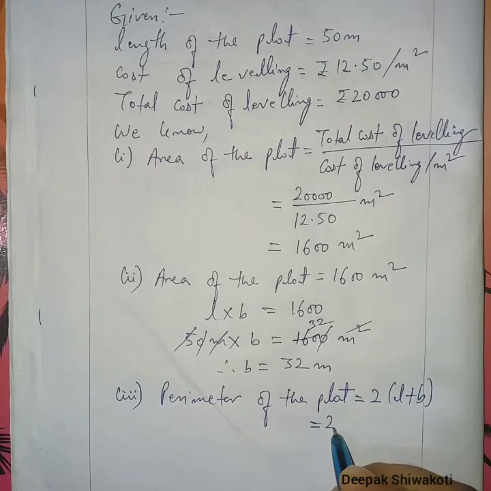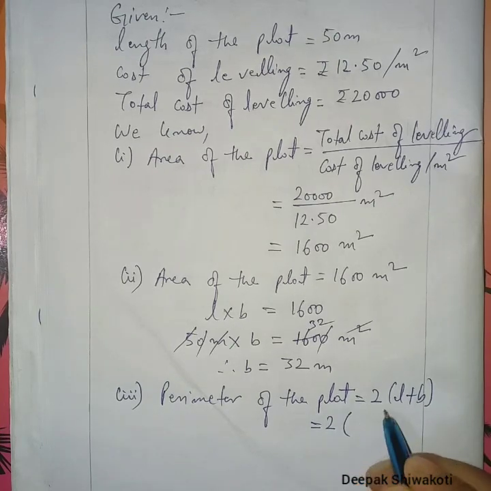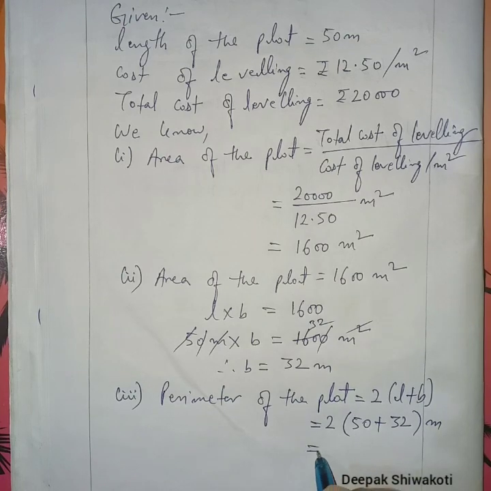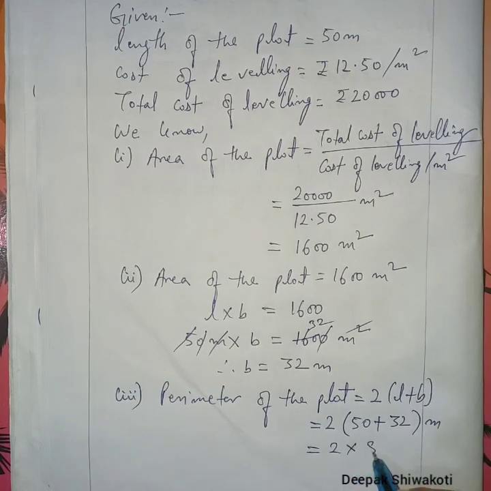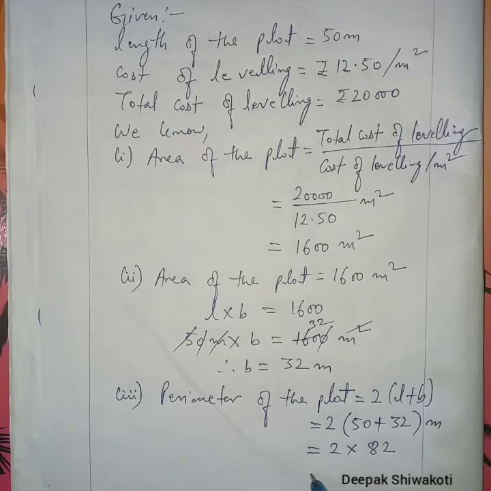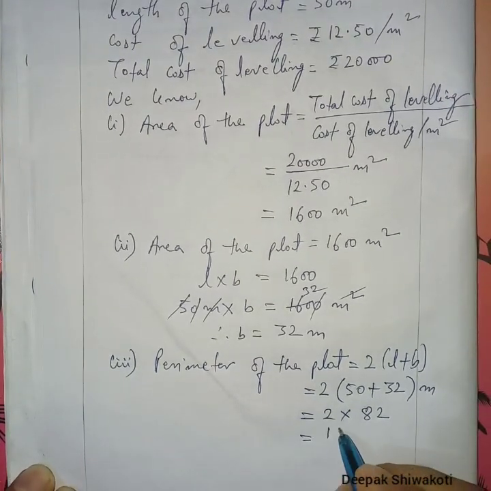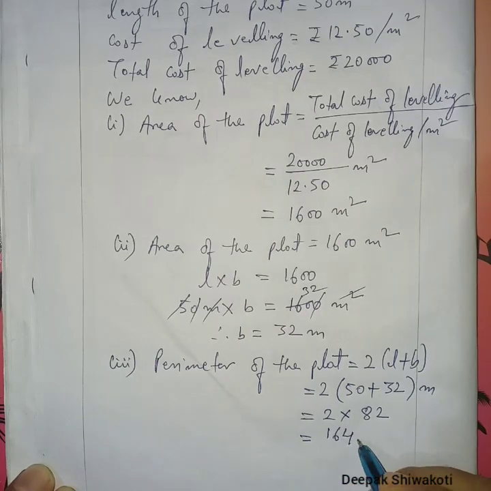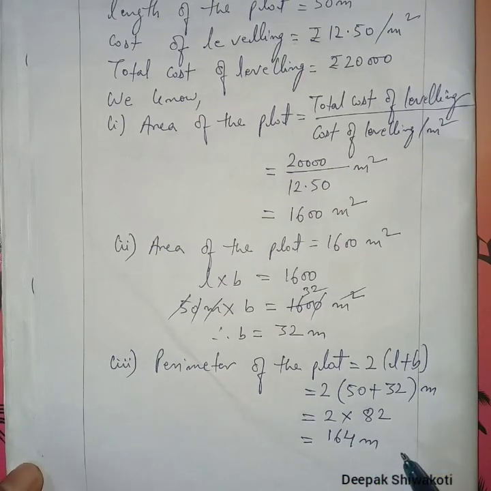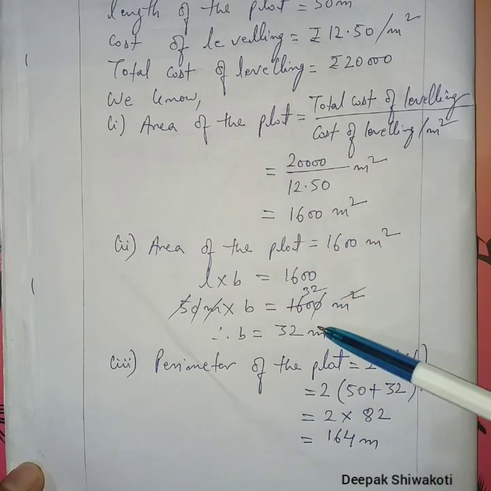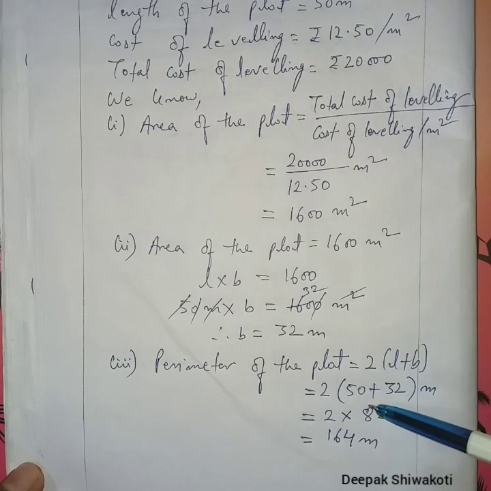Here 2 is 2 only, length is 50 given, and breadth we have found, that is 32. Unit will be meter. So when we calculate it, we'll get 2 into 82, that is 164 meter. Okay, so we have found area of the plot, breadth of the plot, and perimeter of the plot.